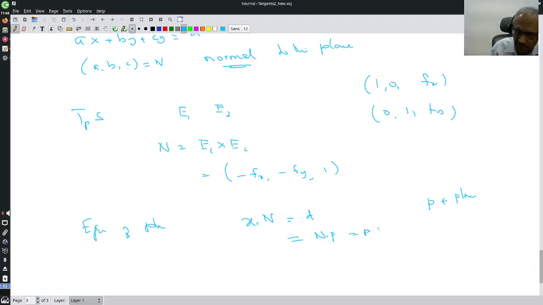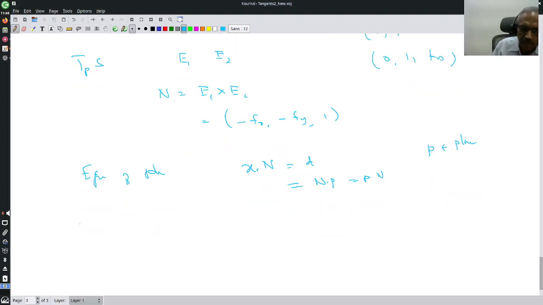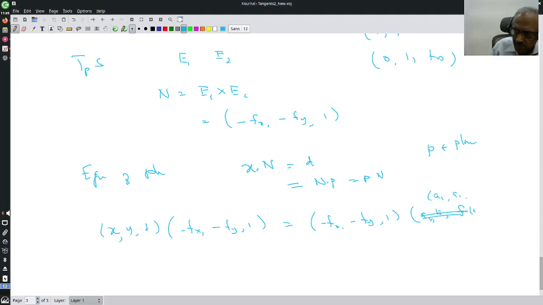Write it as P dot n. Therefore, what I have is this set of, let us say, (x, y, z) dotted with (minus fx, minus fy, 1) should be equal to (minus fx, minus fy, 1) dotted with (a1, a2, f of (a1, a2)).